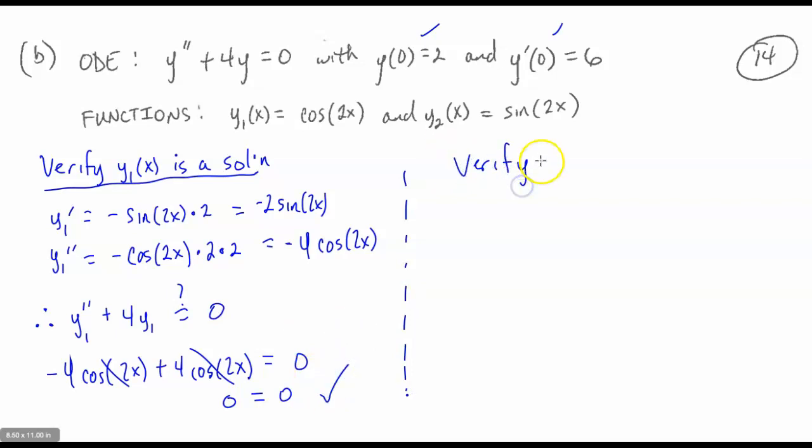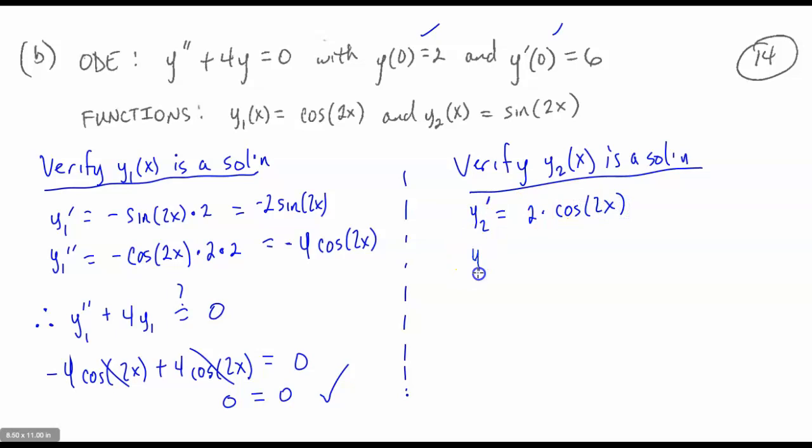We'll do the same thing over here. Verify y2 of x is a solution. So again, y2 prime, this will be 2 times cosine of 2x using the chain rule. Y sub 2 double prime will be a minus 2 times 2 times sine of 2x, which is just a minus 4 sine of 2x.